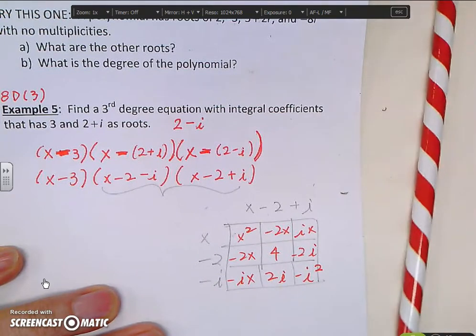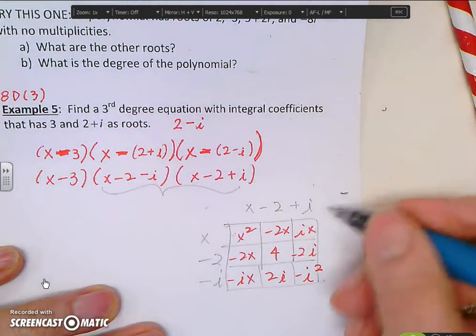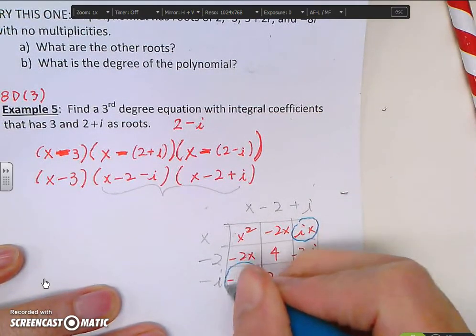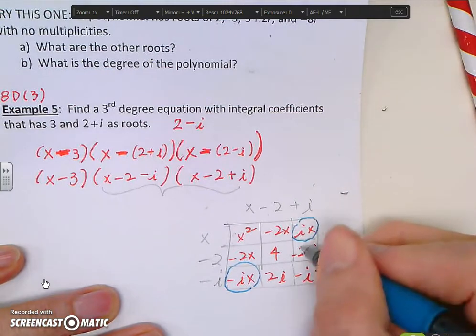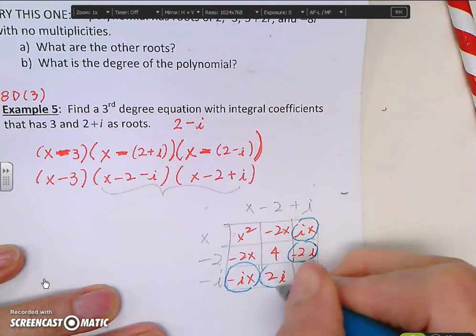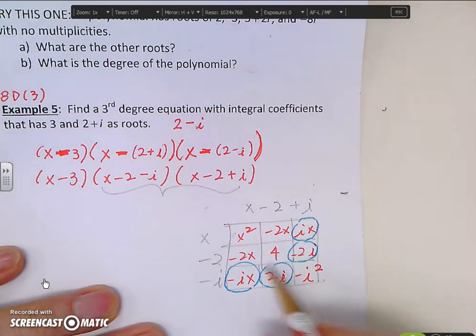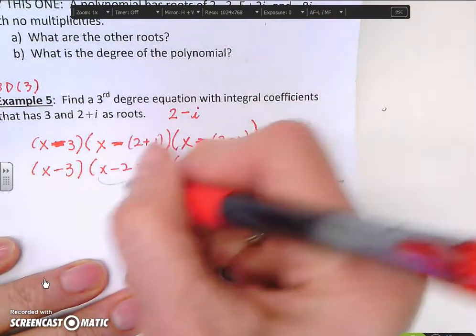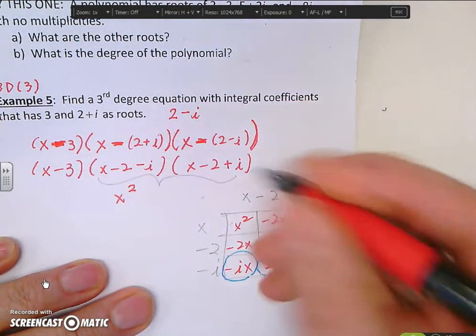All right, so now what you're going to notice is that here I have an ix and a negative ix, so those are going to make a 0. Then we have a negative 2i and a positive 2i, so that also makes 0. So what we have left here then is going to be x squared. Have a negative 2x and a negative 2x.